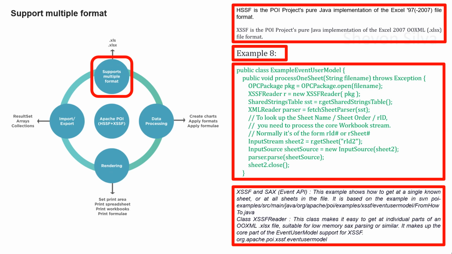To use this API, you construct an instance of org.apache.poi.xssf.eventusermodel.XSSFReader. This will optionally provide a nice interface on the shared string table and the styles.